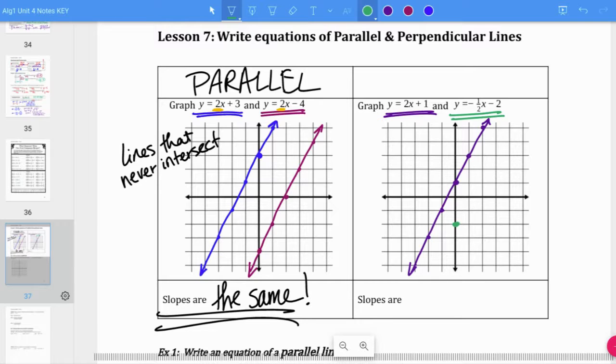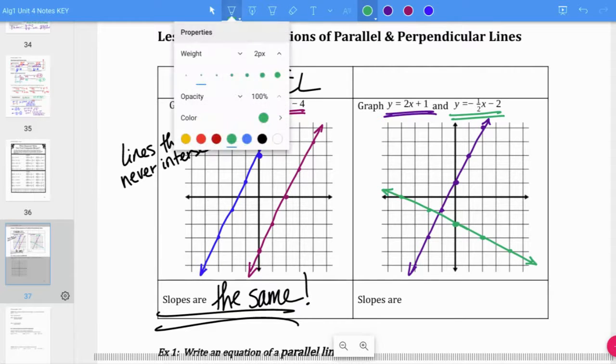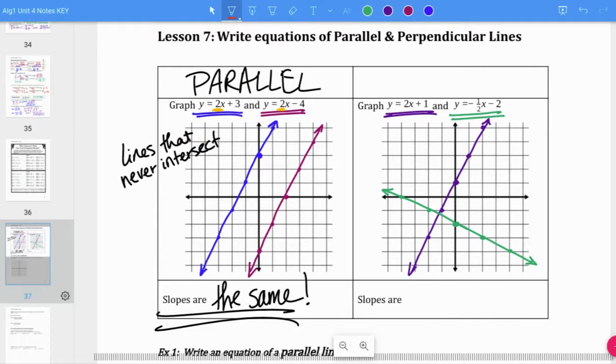So I'm going to go down 1 over 2, giving me this line here. And these lines have a special relationship in that they cross each other at a perfect 90-degree angle right here.